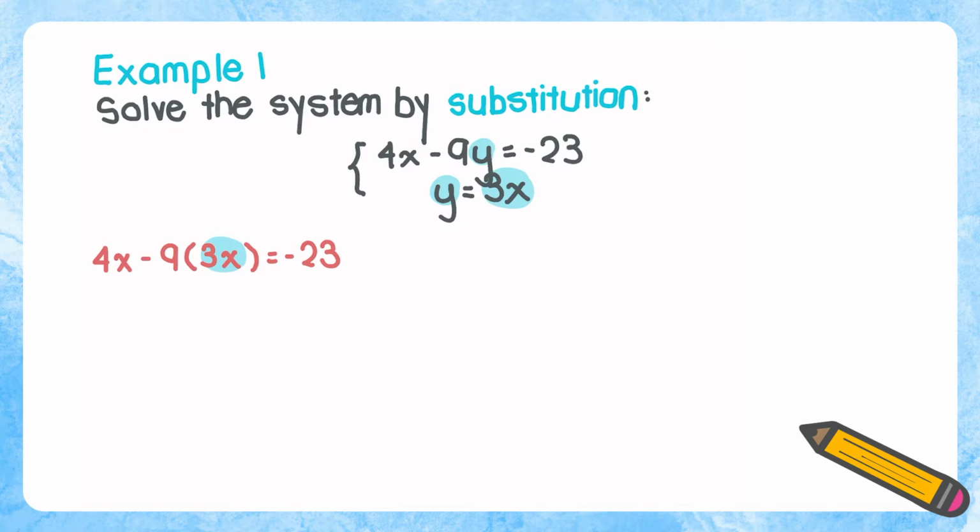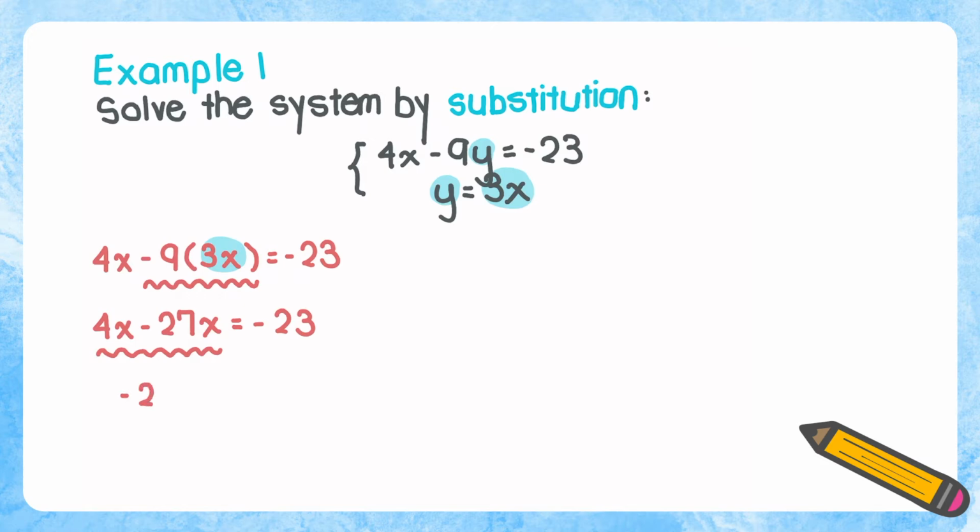Let's solve for x by first multiplying negative 9 times 3x. So we have 4x minus 27x equals negative 23. Next, let's figure out what 4x minus 27x is.